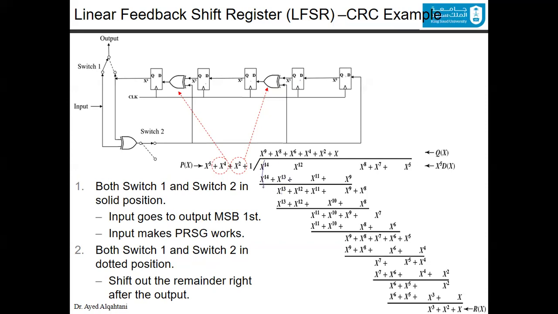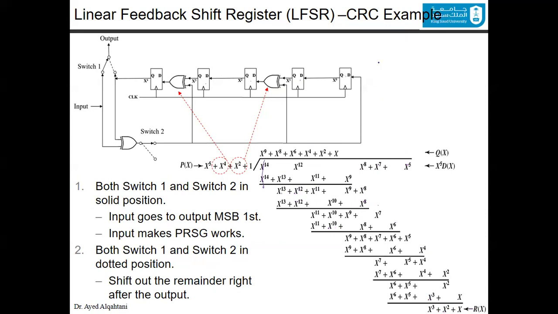If not, you just drop it. And then you drop the next one and you do the same, and so on. You will have a quotient value, and at the end, when you're done, the remainder value. The remainder here, R of x, is actually the CRC.